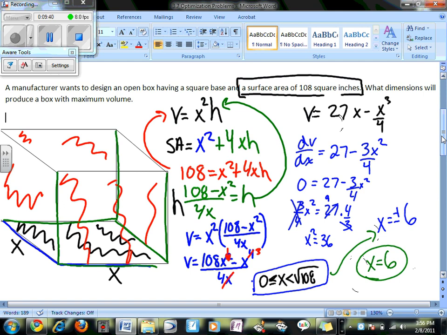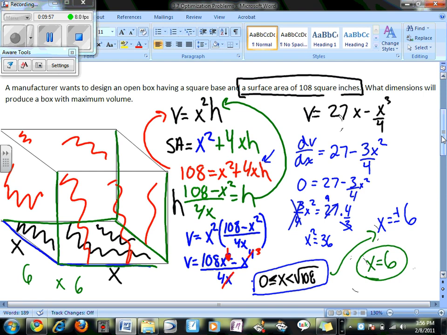So we're going to have a 6 by 6. And then to figure out what our height can be, we'll go back to our surface area stipulation. If I plug in 6 for x, let's figure out what h is.